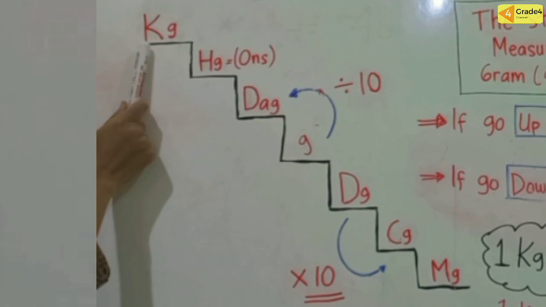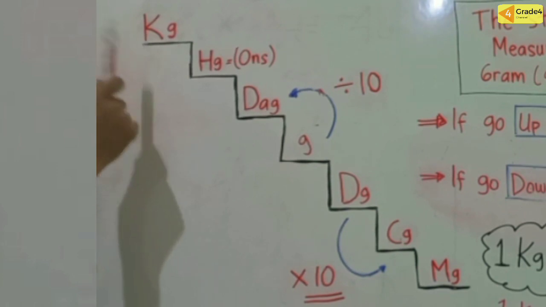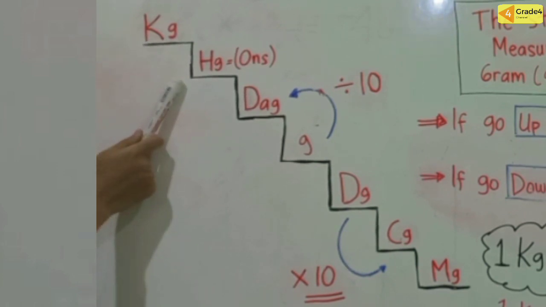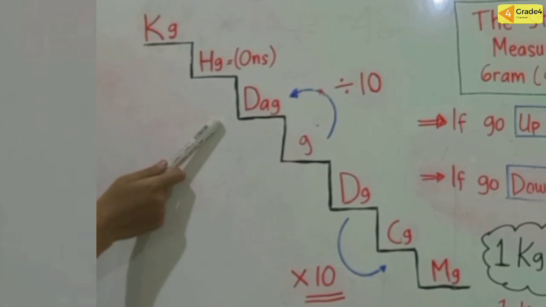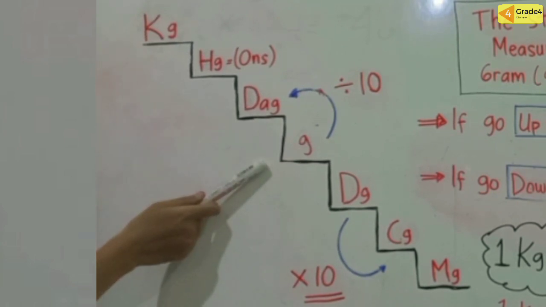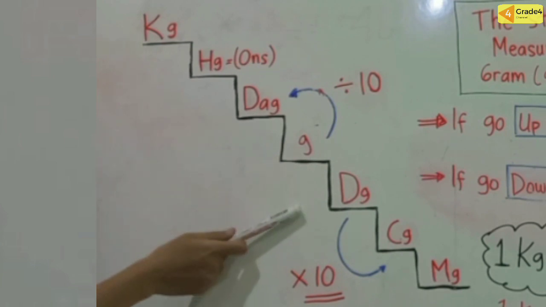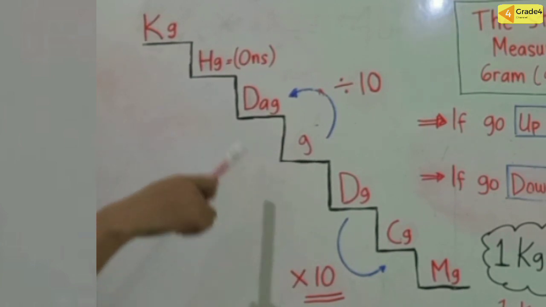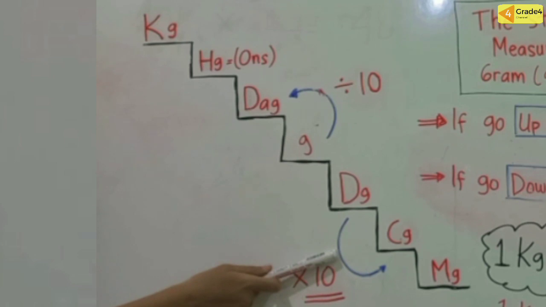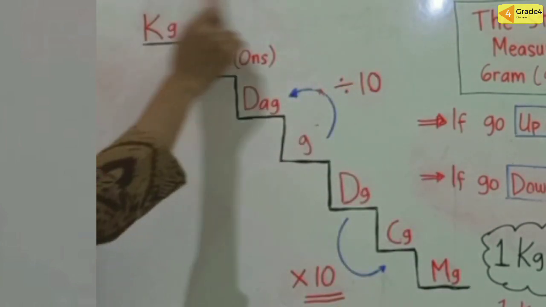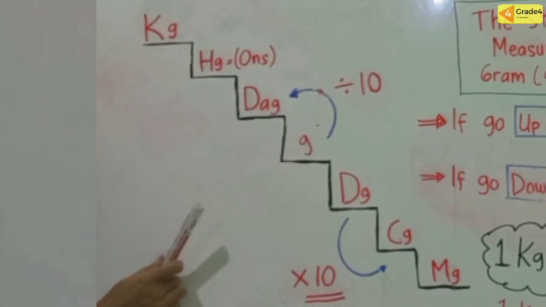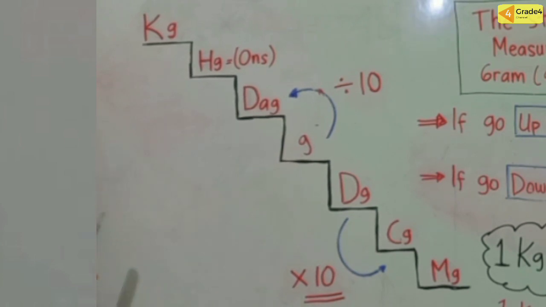The first is kilograms, the second is hectograms, or in Indonesia we say ons, the third is decagrams, the fourth is grams, the fifth is decigrams, the sixth is centigrams, and the last is milligrams. So those are the 7 stairs for measuring weight.